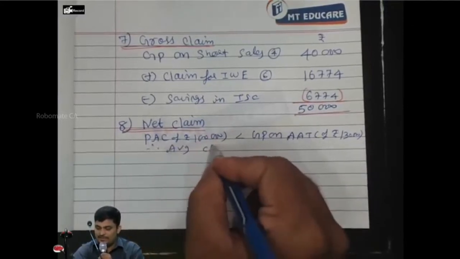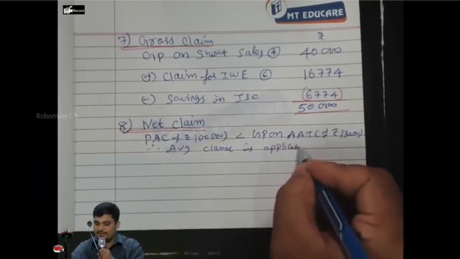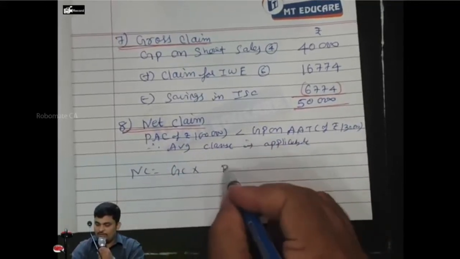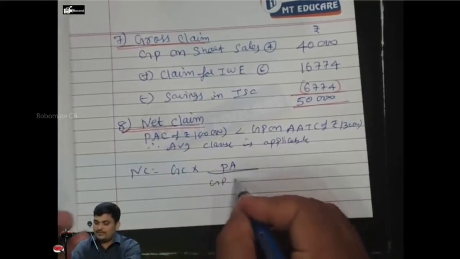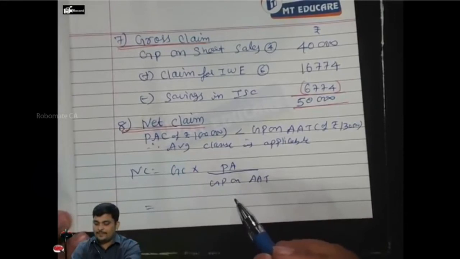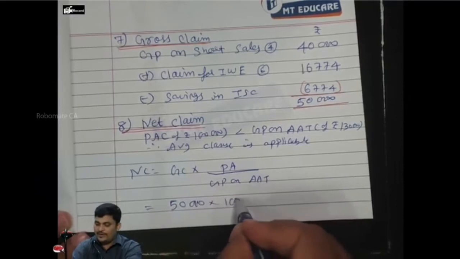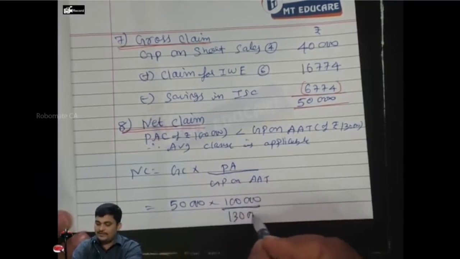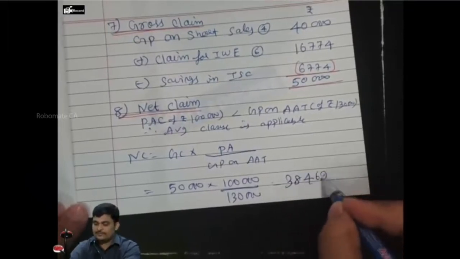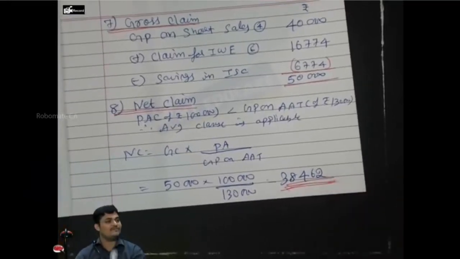Therefore, the average clause applies. So net claim equals gross claim into policy amount divided by GP on AAD, that is gross claim 50,000 into 1 lakh divided by 1,30,000, which is 38,000. That's all.